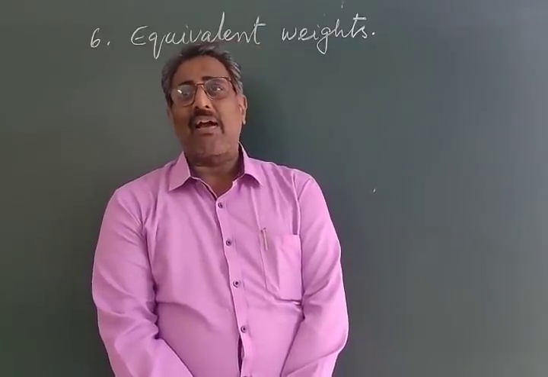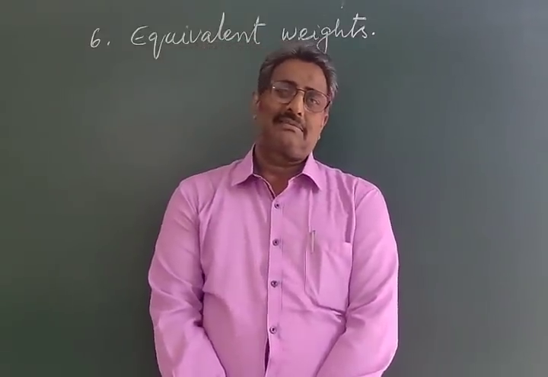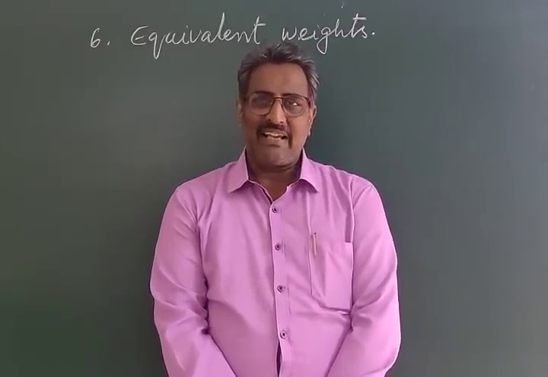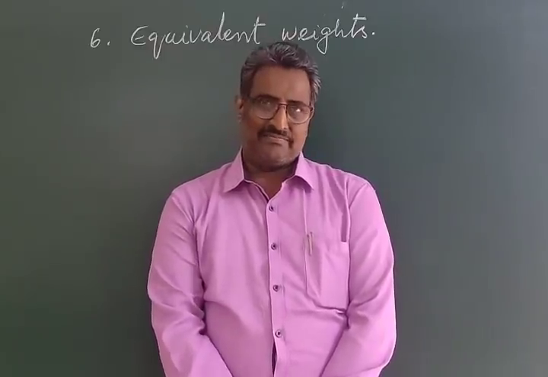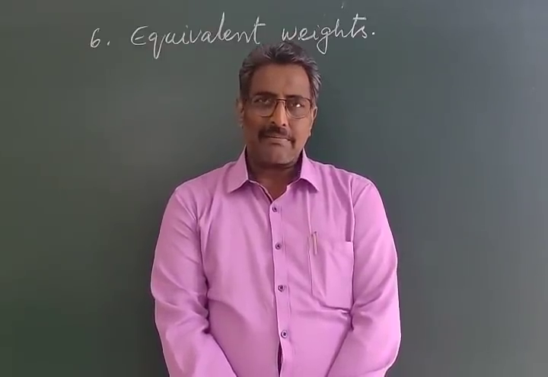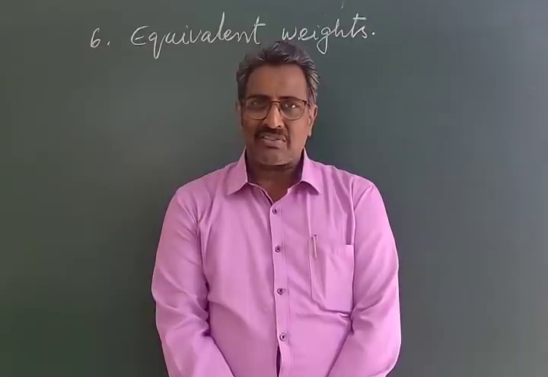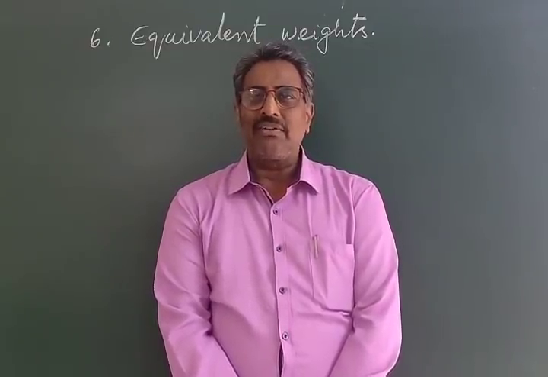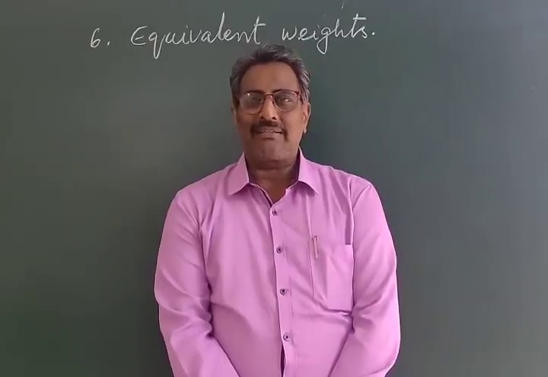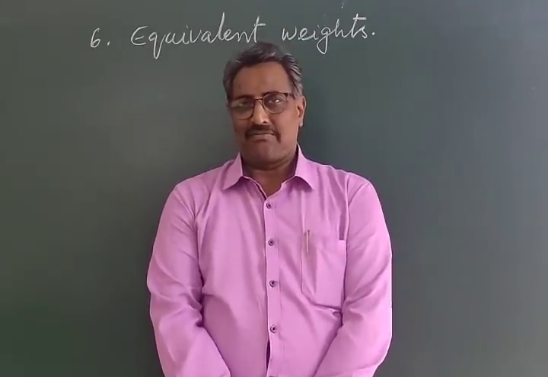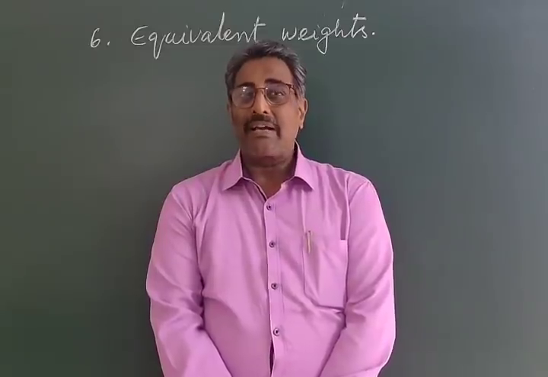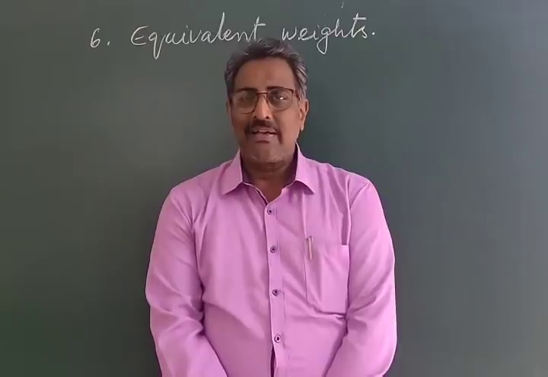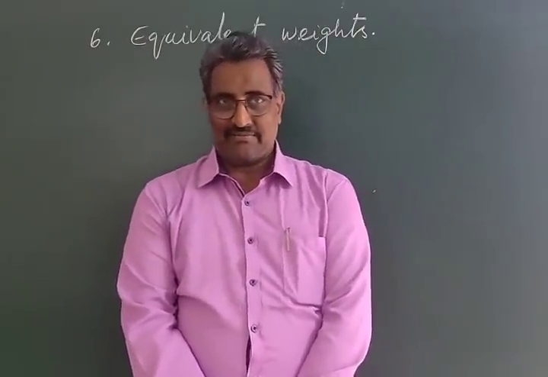Now, in the case of ionic substances, you know that molecular weight cannot be used. In such a case, we use formula weight. Ionic substances do not have molecules, they do not have molecular formula, they have only formulae, that is empirical formula. Empirical mass of substance in grams is said to be gram formula weight.